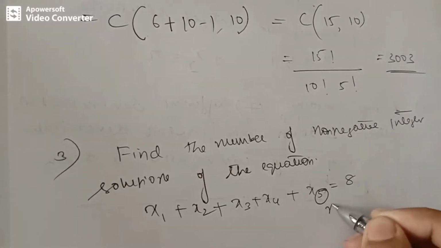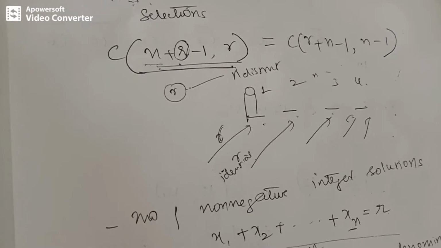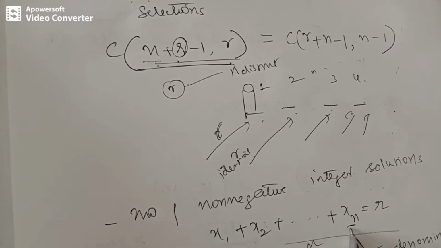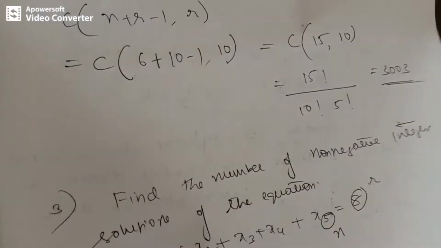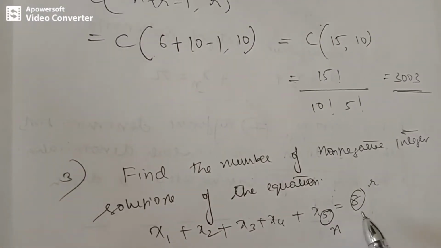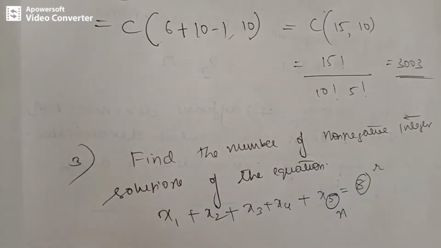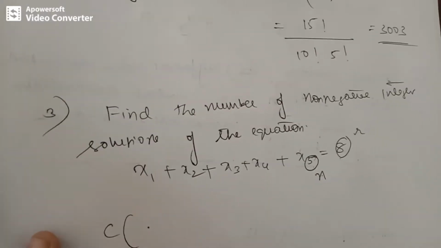So this value will be n and this value will be r, as we know that you will be given this form x1 plus x2 plus so on plus xn equal to r. So according to this question, this is the value of n and this is the value of r. Consequently we can use the same formula for finding out the number of non-negative integer solutions.